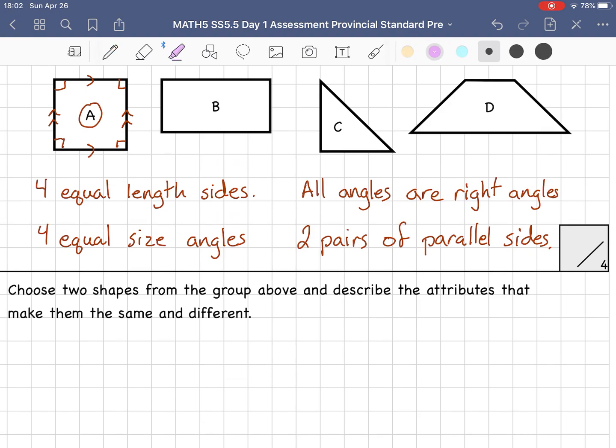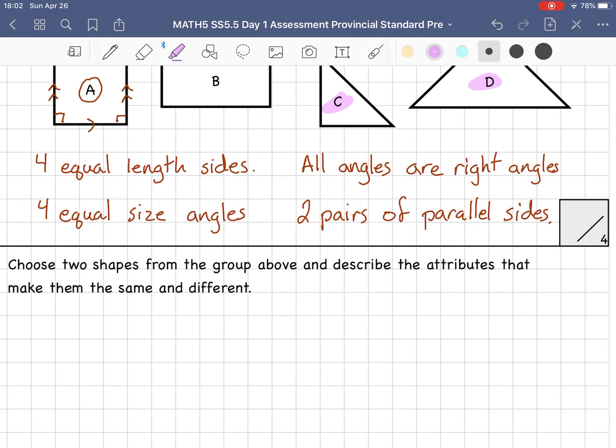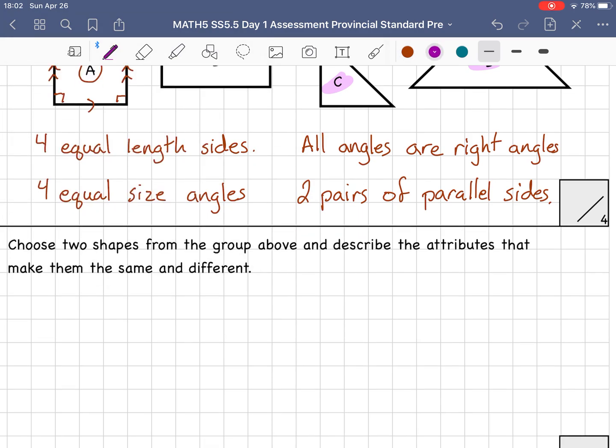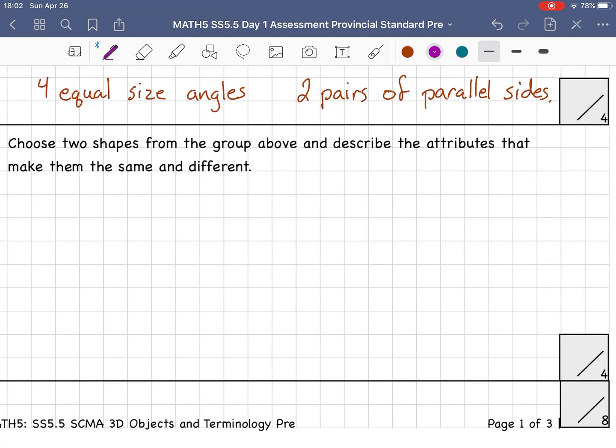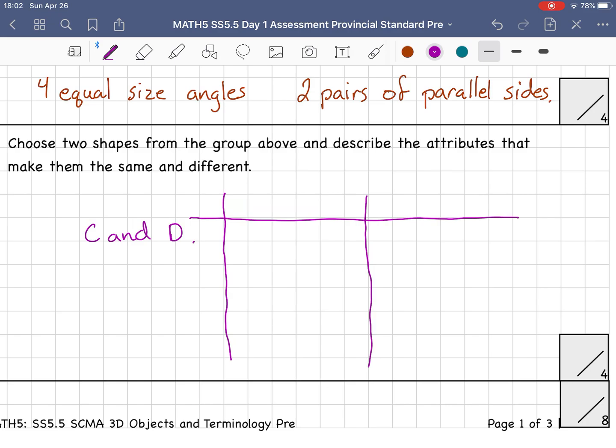Okay, so for this one, I'm going to choose shape C and D. So let's look at shape C and D. All right, so we're going to talk about shape C and D. I'm going to build a chart. How they're the same and how they're different.